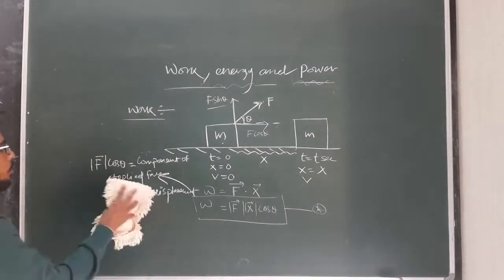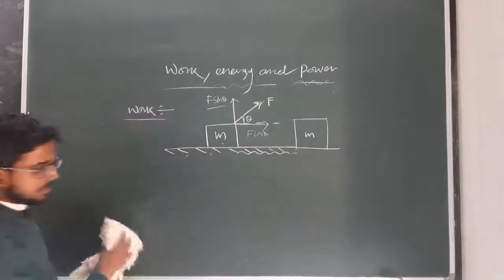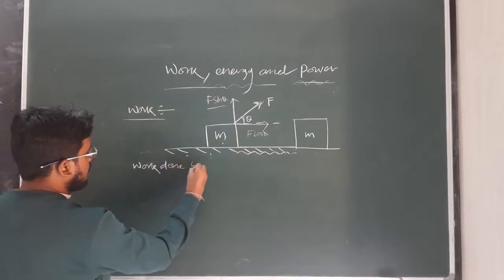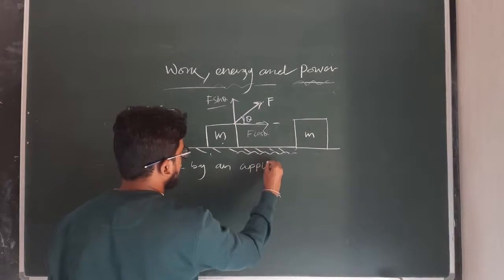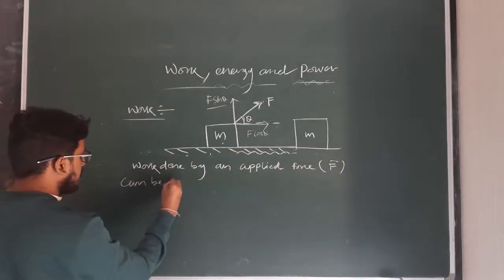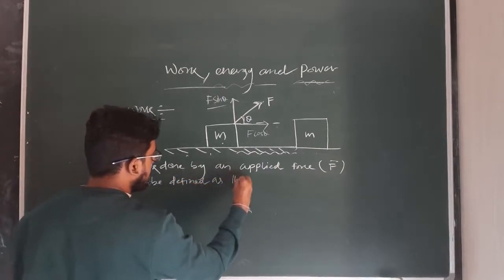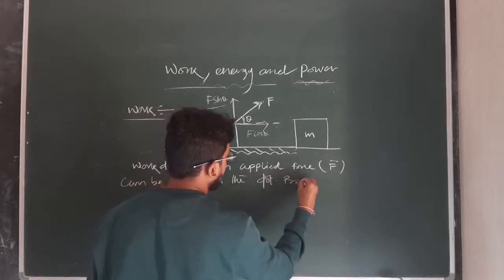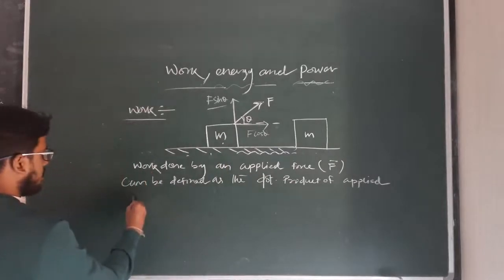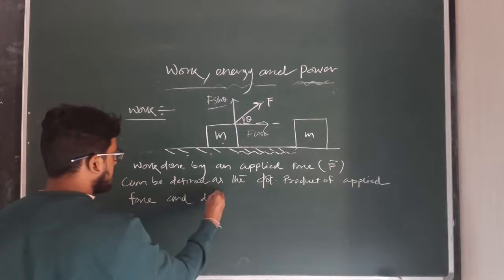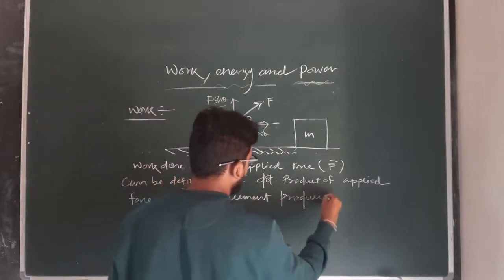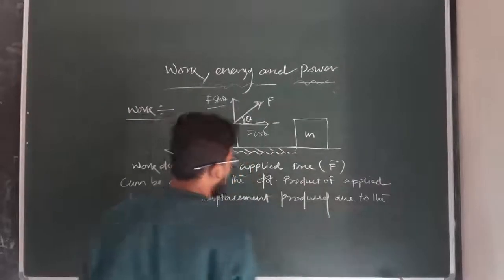So from this we can write the work done by an applied force F vector can be defined as the dot product of applied force and displacement produced due to the applied force.